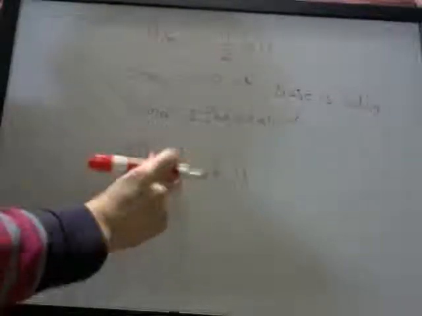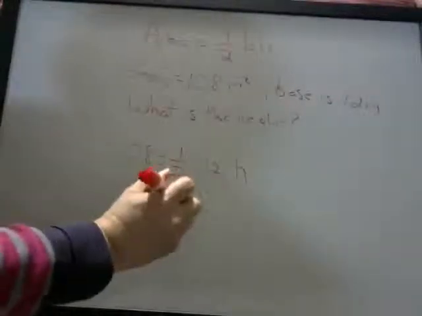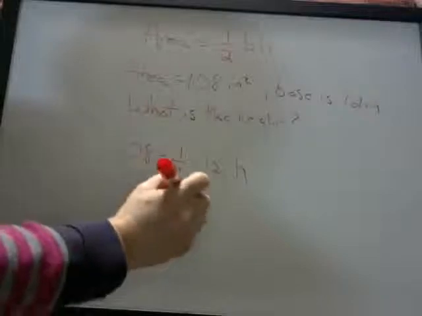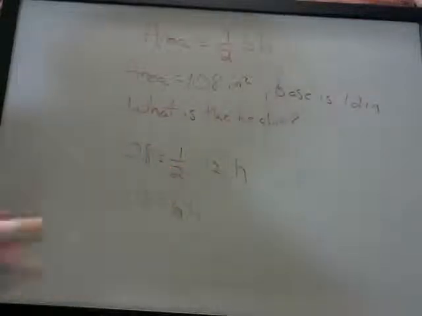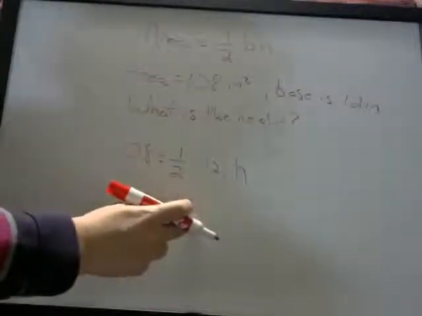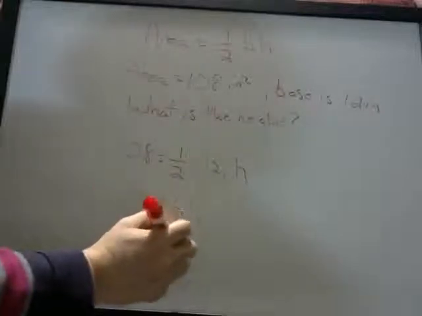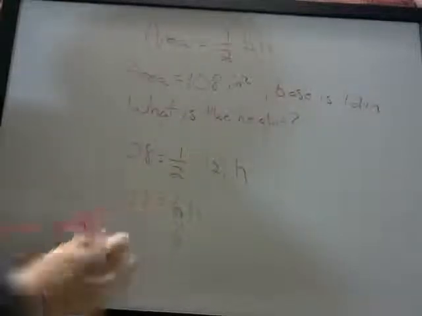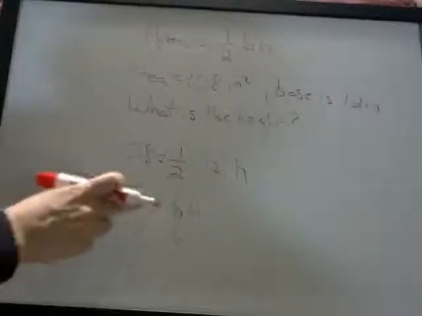108, we can do this multiplication. Half of 12 is 6. So 6 times h. We want to get h by itself, so we're going to divide each side by 6. Again, you should be able to do this on your own. 108 divided by 6. If you don't know how to do that, you need to watch the video, the very first videos on the Facebook page way at the bottom.